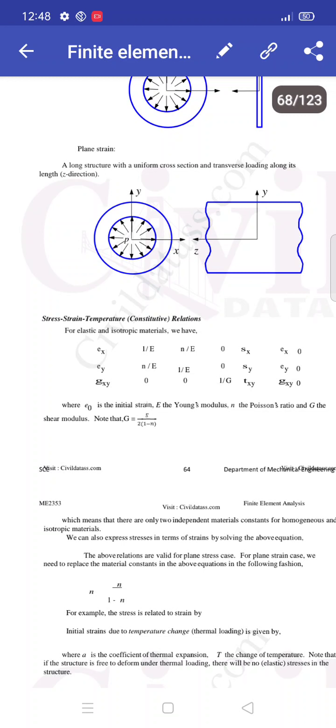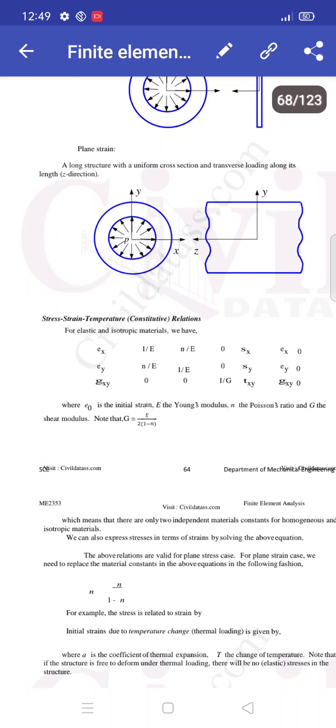Stress strain temperature relation for elastic and isotropic materials: we have εx, εy, γxy equal to the matrix 1 by E, minus ν by E, 0; minus ν by E, 1 by E, 0; 0, 0, 1 by G, times σx, σy, τxy, plus the initial strain ε0, where ε0 is the initial strain, E the Young's modulus, ν the Poisson ratio, and G the shear modulus.